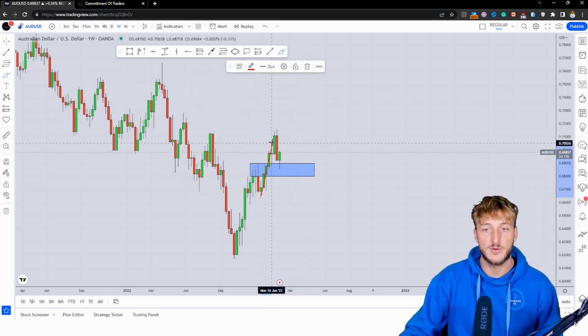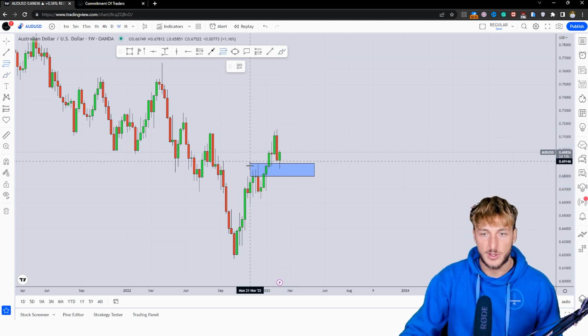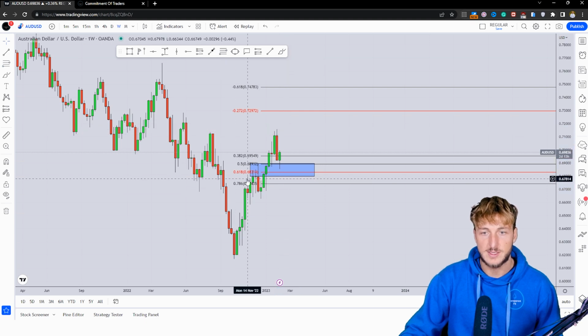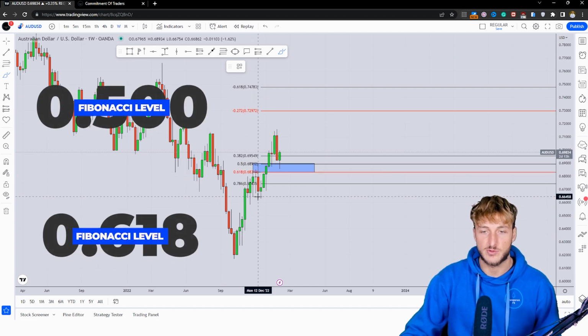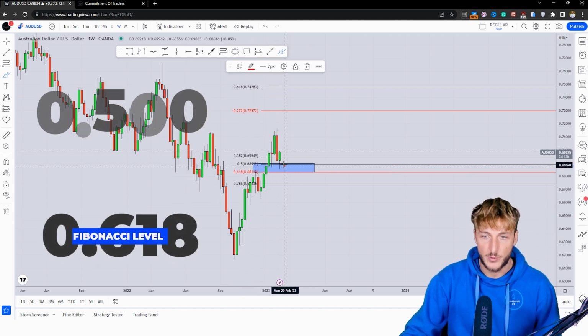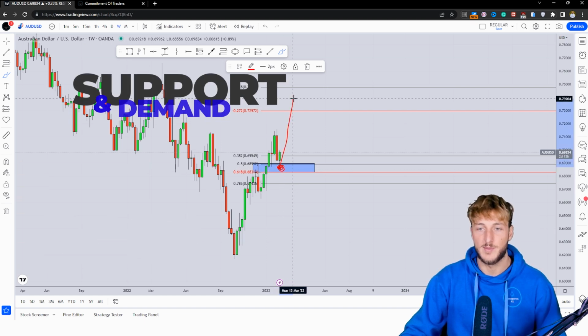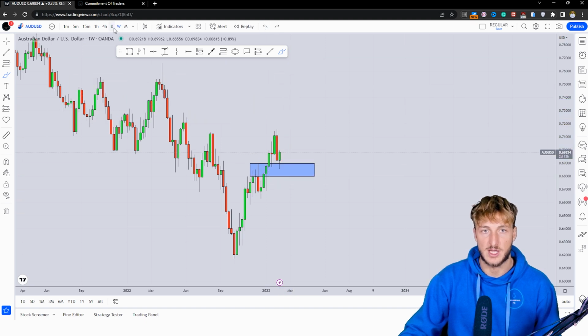We can also notice how, since we have an impulse, if we want to measure the correction, we have to take our Fibonacci from the low to the high of the impulse. And if we do that, we can see how we just had a perfect retracement to the zone which is in between the 50% and 0.618 of the Fibonacci taken on the weekly impulse, which is a quite strong area of weekly support and demand, which we could in fact expect this market to reject to the upside.